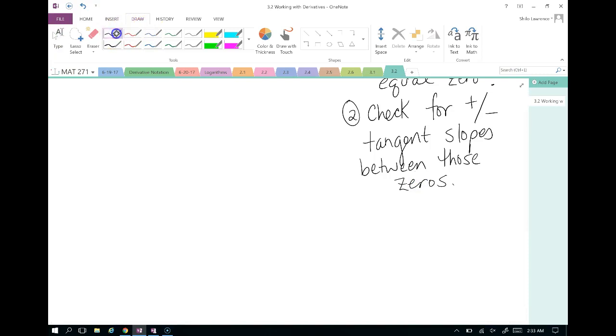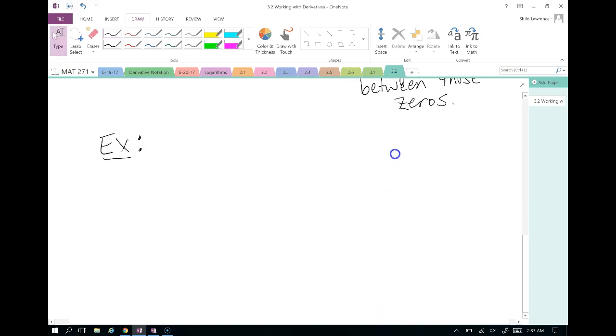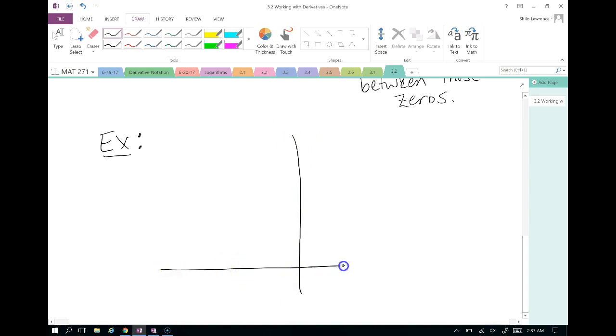Another quick example. And this one's a little bit different, because this one is not going to be a polynomial.